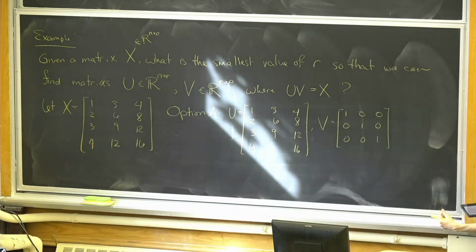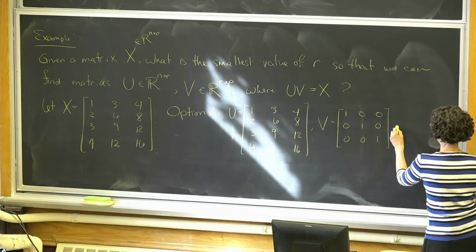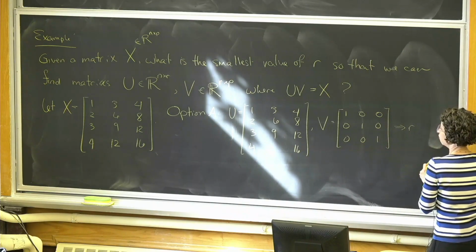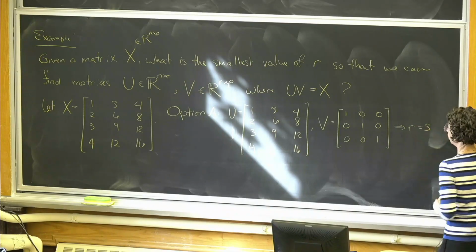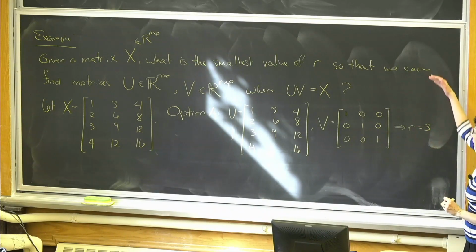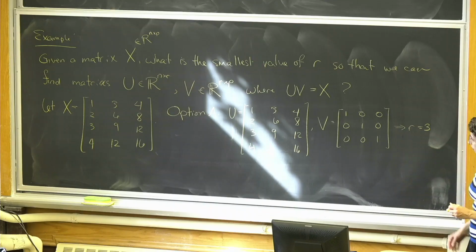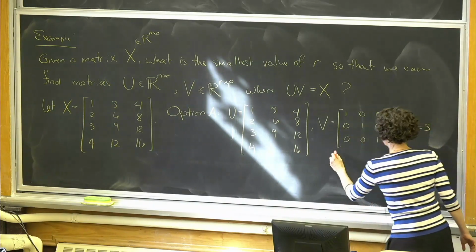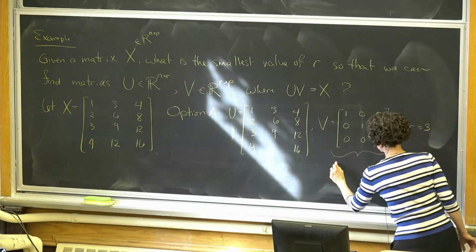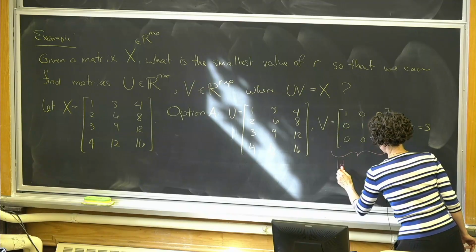Now if you work out the product of this U and this V, you will get that X that I wrote there. In this case, the number of columns in U and the number of rows in V is equal to 3. So the question is, can we get even lower than this? Can we use even fewer columns in U? Before we say that, I just want to mention, this is a very special matrix called an identity matrix.